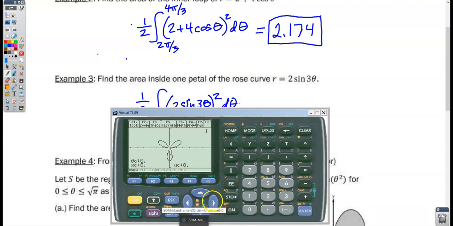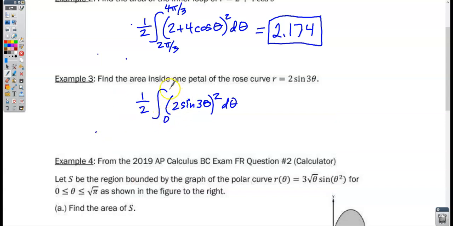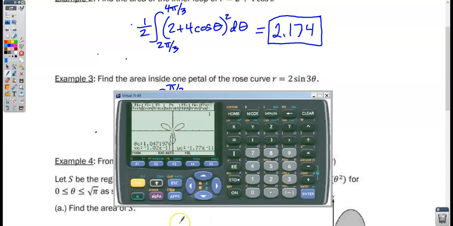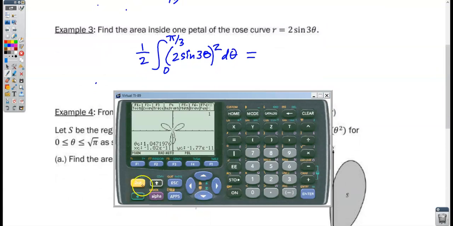We start at 0, and we stop at 1.047, and that's the first petal here. 1.047 is pi over 3. So I can integrate this from 0 to pi over 3, and that'll give me the area inside of one petal of the curve. And so I'll break out my calculator and go ahead and do that.